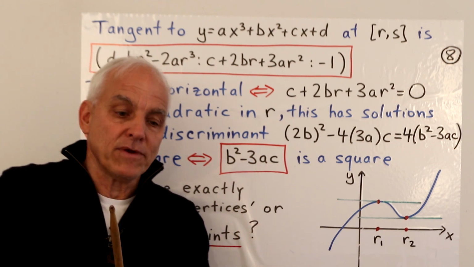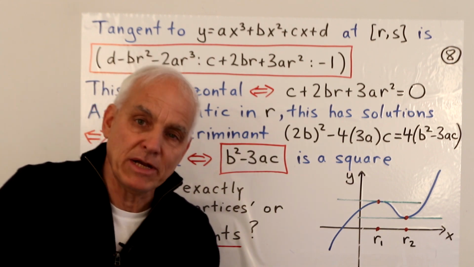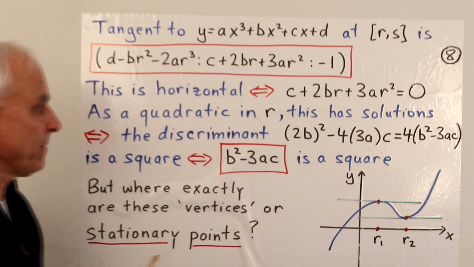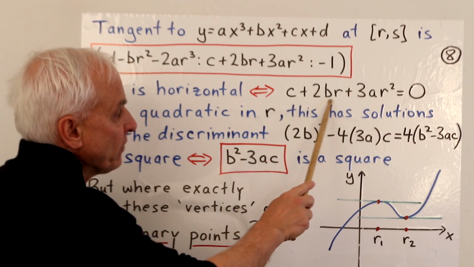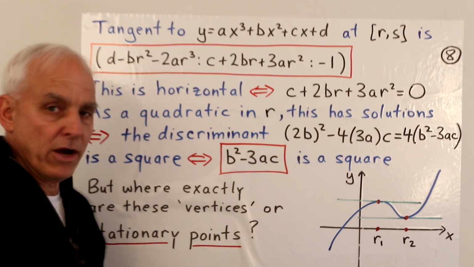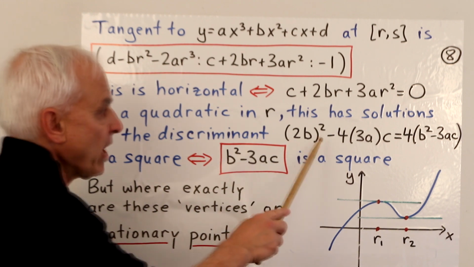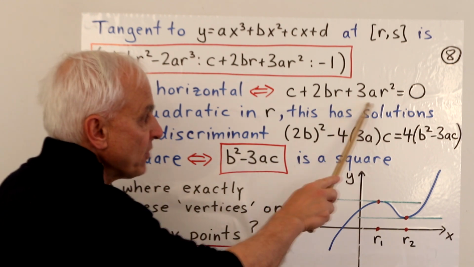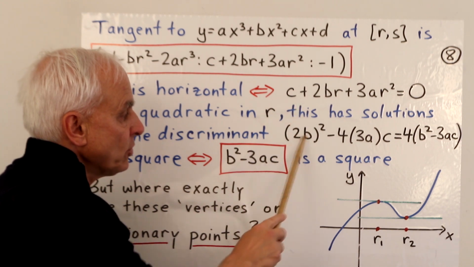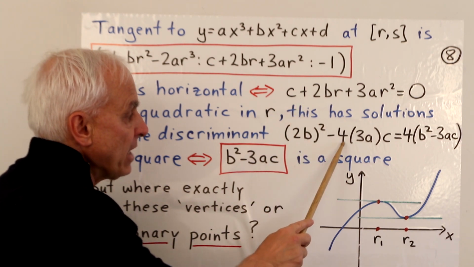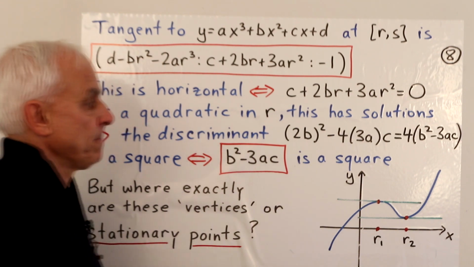The quick way of deciding that is to look at the discriminant of the quadratic equation. So what is the discriminant? We take the coefficient of r, which is 2b, and we square that. And we subtract 4 times the product of the coefficient of r squared and the constant term. So 2b squared minus 4 times 3a times c.